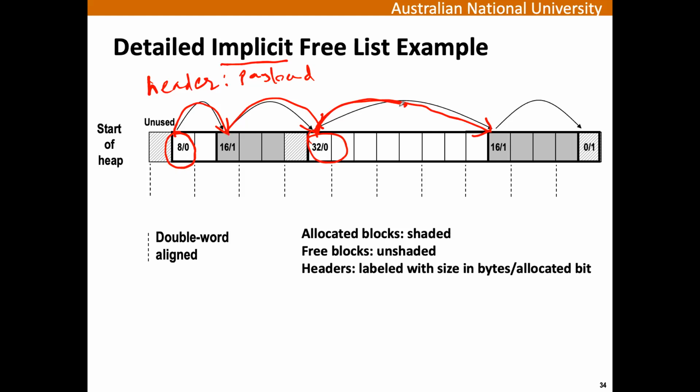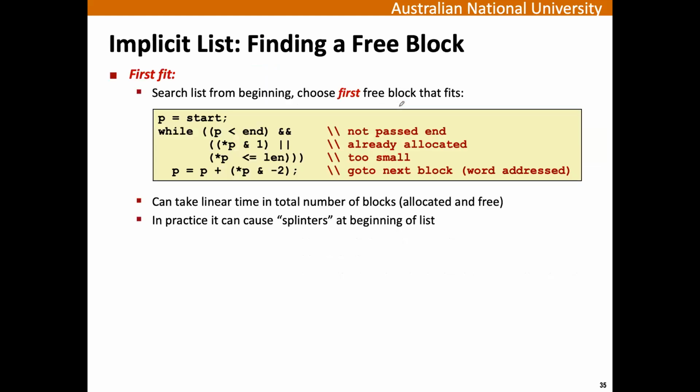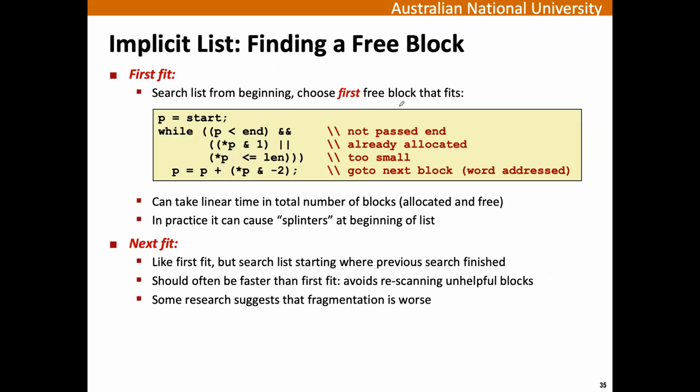The problem is that the allocation time, the time to find a free block, is linear in the total number of blocks. Ideally, we should not have to traverse over the allocated blocks. We should only look at the free blocks to find the block that we want. And we will get to that in a minute.